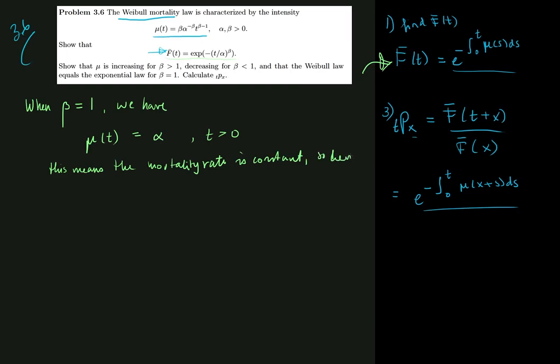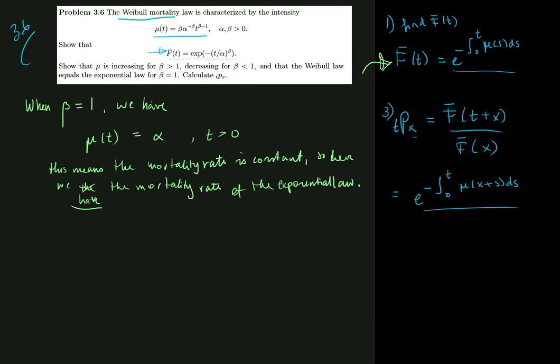So here we have the mortality rate of the exponential law, because it was exactly the exponential law where the mortality rate was constant, which yielded a memoryless distribution. So look at exercise 3.5 if you just need to freshen up on that.